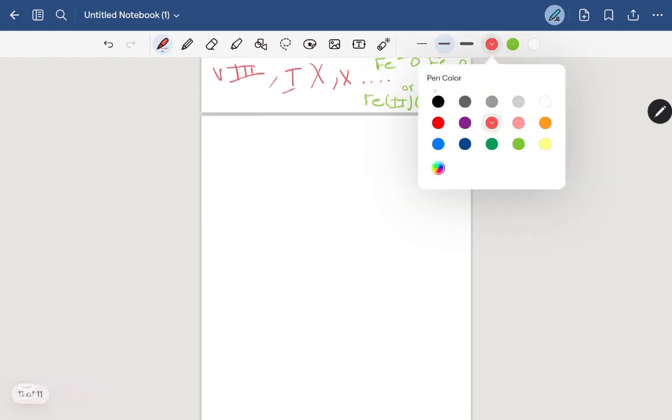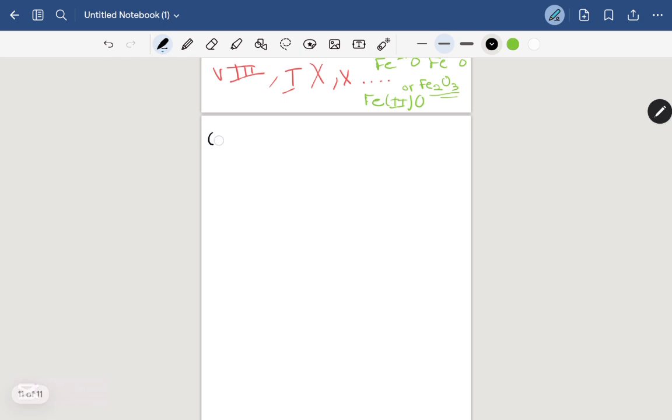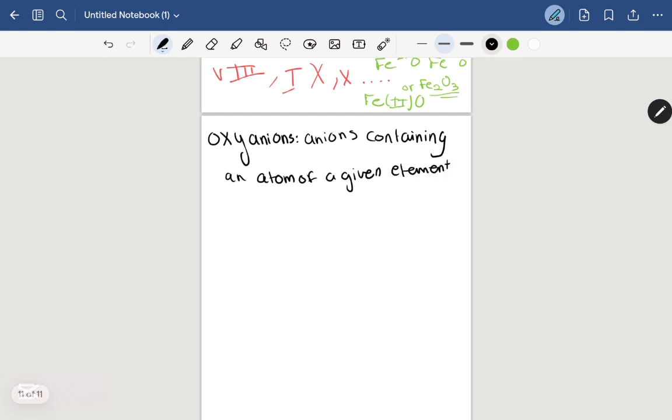Now we have a different group of anions we're going to learn about, which are called oxyanions. What are oxyanions? They are anions containing an atom of a given element and different numbers of O atoms.